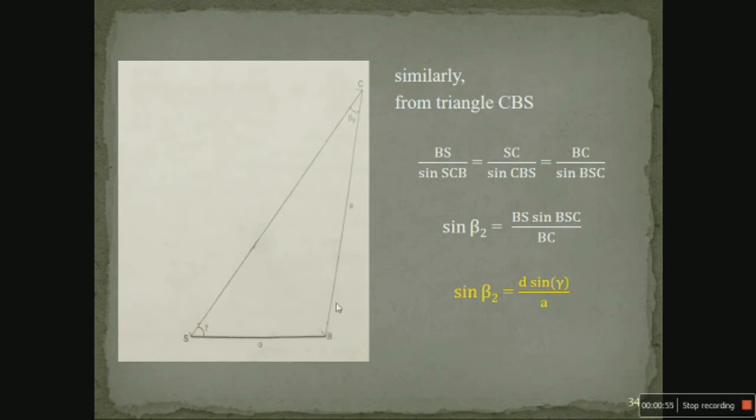Here the angle BSC is gamma, so I have written gamma divided by BC, which is the distance in the denominator, small a. So this is our formula: sine of beta 2 is equal to d into sine of gamma divided by a.